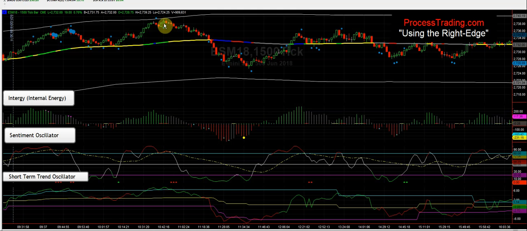Now we're going to take a contrarian trade here because price had hit the contraband line right here. Now, ideally, we'd want to see it above the contraband line, and we'd also want a timing alert dot.